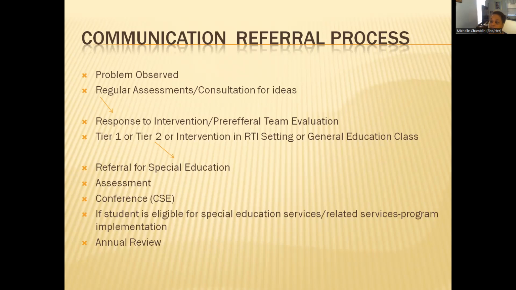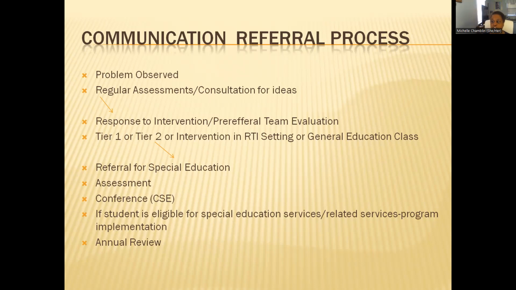But let's say it does not. So we're still having a problem. Then we have our response to intervention, which is our pre-referral team. And so our pre-referral team, or our multi-tiered team, might give us some information or help. And then there are interventions that are implemented.